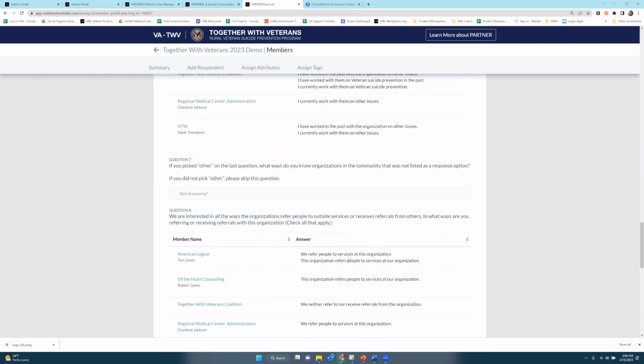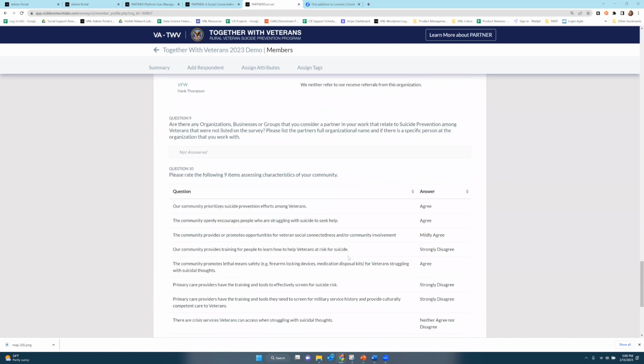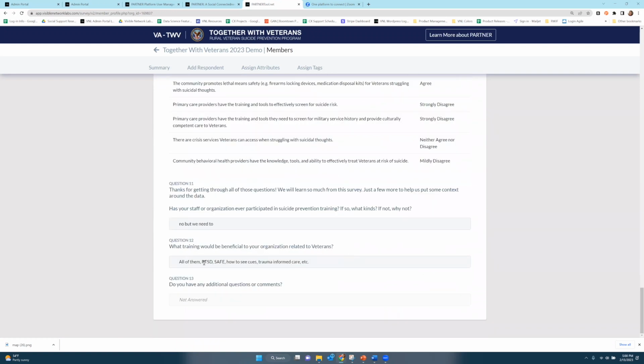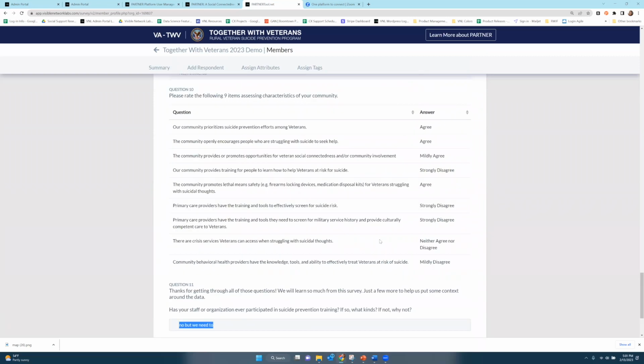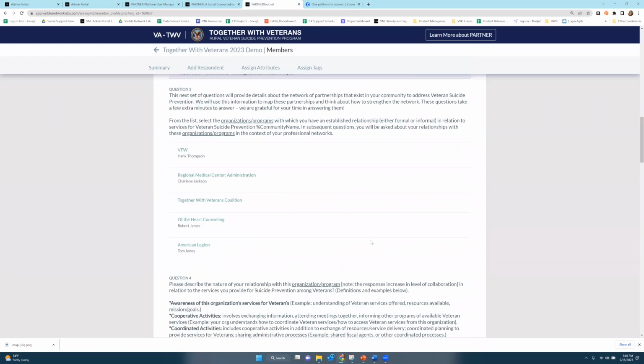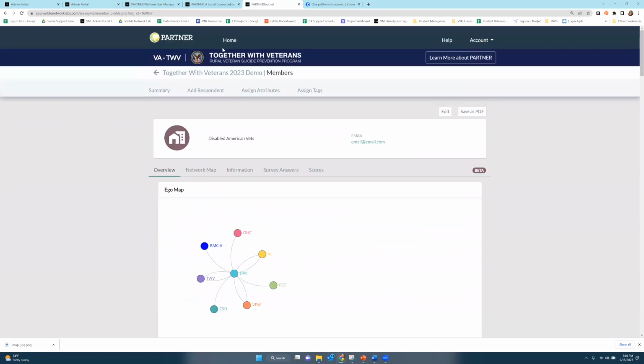And so you can use these profiles as a good way to strategize or bring to the meeting to say, hey, what kind of trainings does this organization need? And then you can look to see what they self-selected for that question, or what trainings they might have said they already partake in. So member profiles are really helpful, and every organization in your data has a member profile.